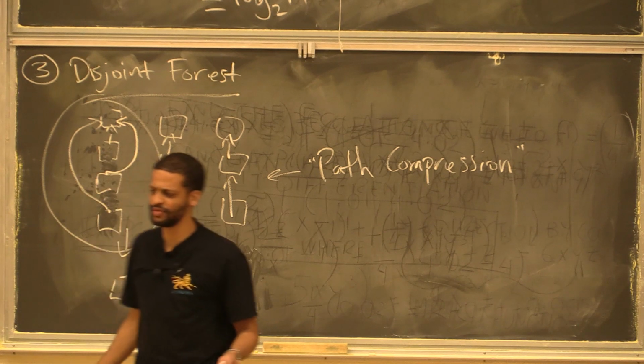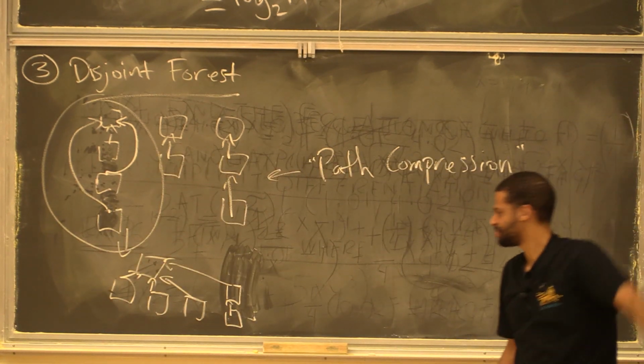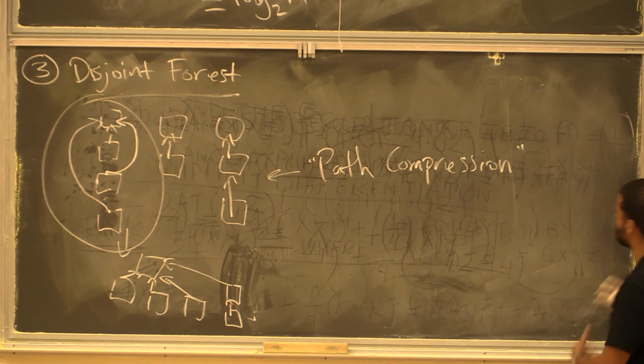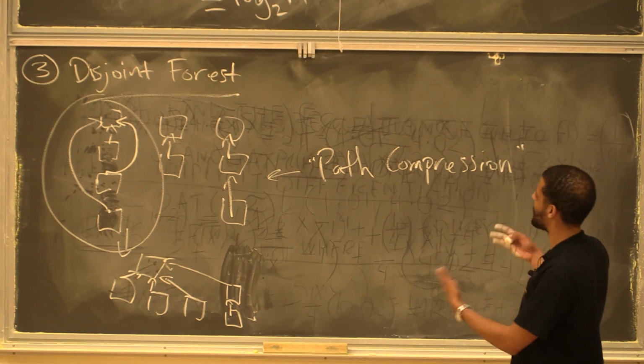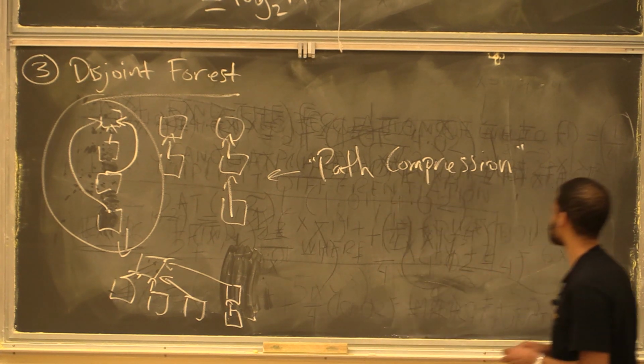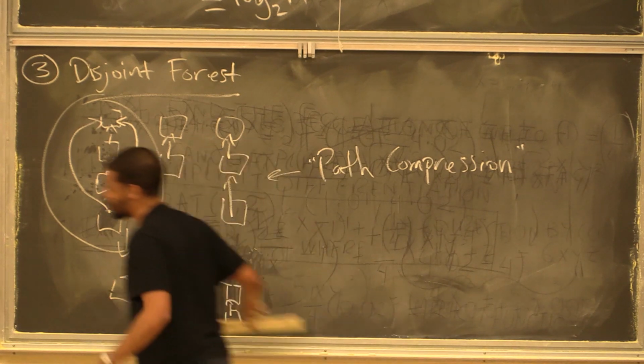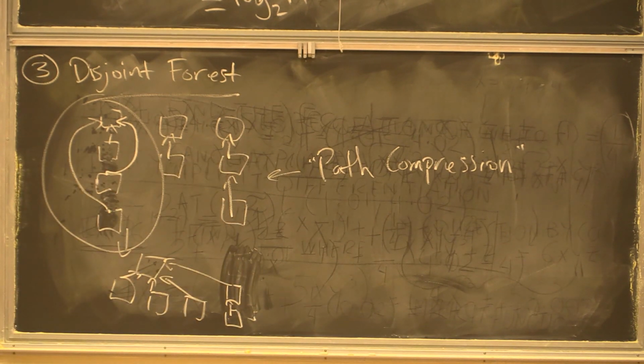That's path compression, which you've seen in 61B, I think, right? You've seen that in 61B? Yeah. So that's path compression. So you can get this whole disjoint forest idea by thinking about doing a path compression heuristic on linked lists. Okay. So now let's try to think about more heuristics we could do with lists, with trees, sorry.